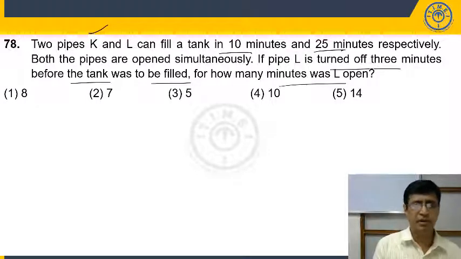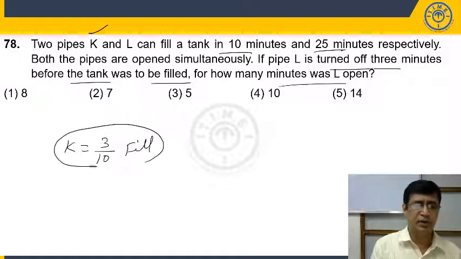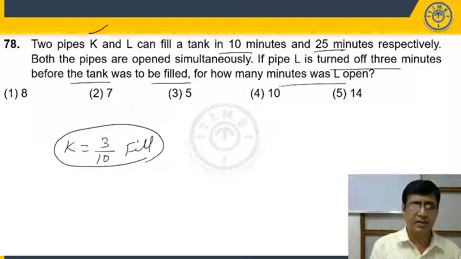In 1 minute pipe K can fill 1 by 10th part, whereas 3 minutes means it can fill 3 by 10th part. This is the tank filled by K alone in the last 3 minutes. The remaining tank is 7 by 10, that is 1 minus 3 by 10.